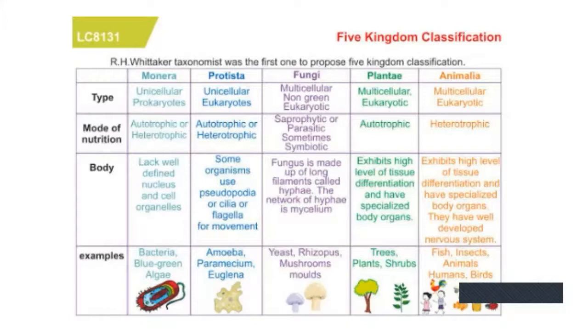The kingdom Monera: the organisms coming under it are unicellular prokaryotes. The mode of nutrition in Monera is autotrophic or heterotrophic. They may prepare food by themselves or depend on others for food. The body lacks a well-defined nucleus and cell organelles.